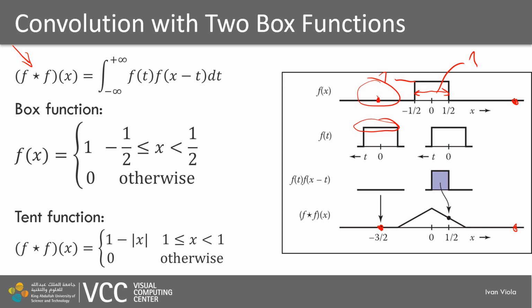But what if these two boxes are starting to overlap? We have seen the convolution with the step function, and the convolution with the step function resulted in this linear ramp, you remember? And this step function would be similar to a box filter, but it had the value 1 for all non-negative values.